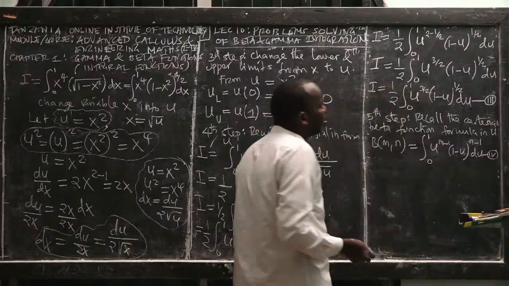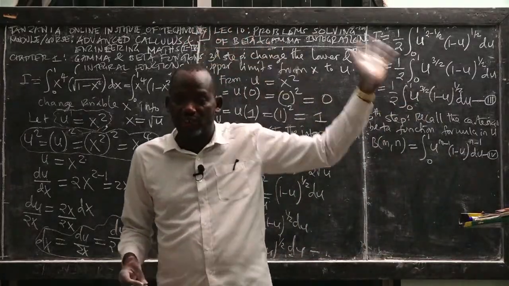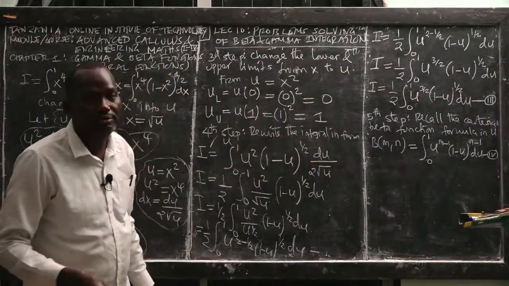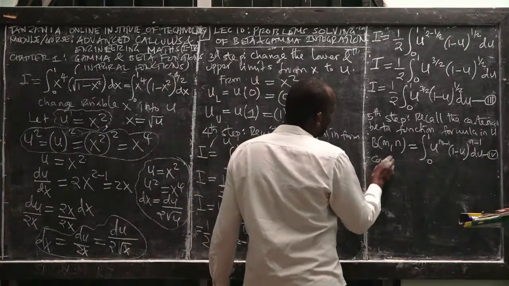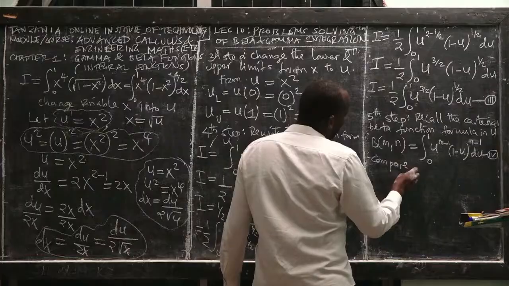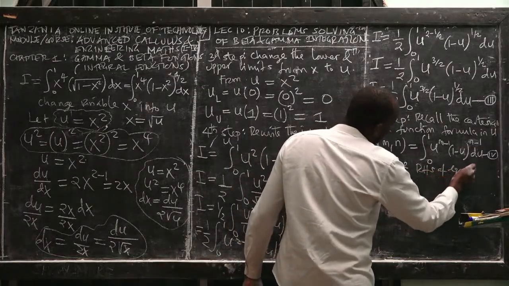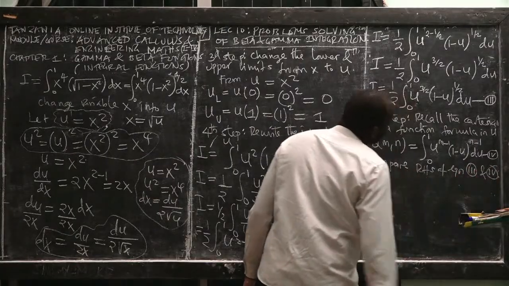Why did we recall it in form of u? Because our transformed integral function is in form of u. So then we compare the right hand side of equation 3 and equation 4.